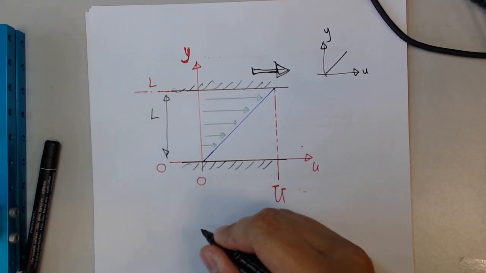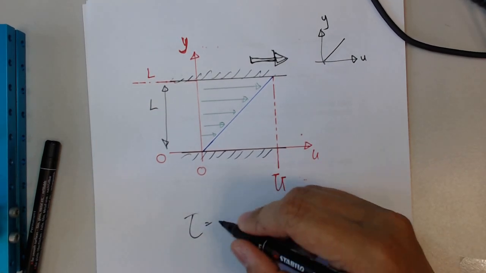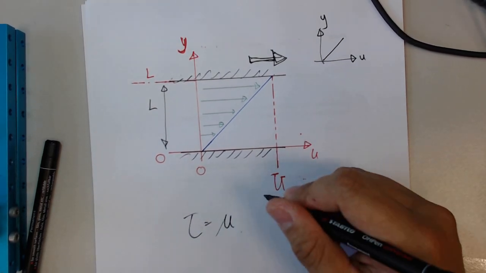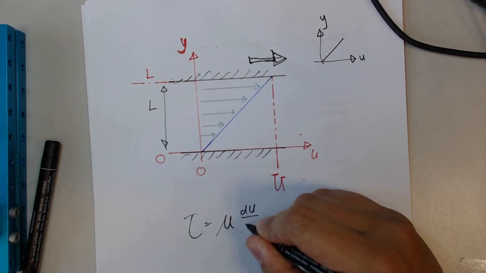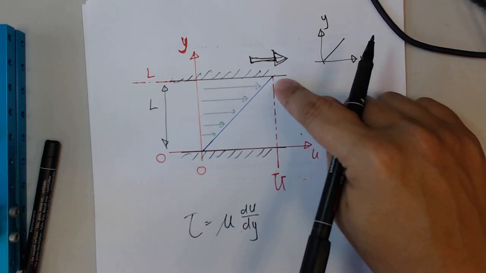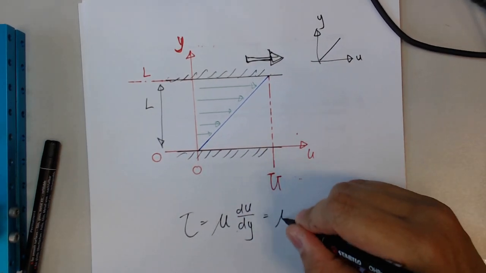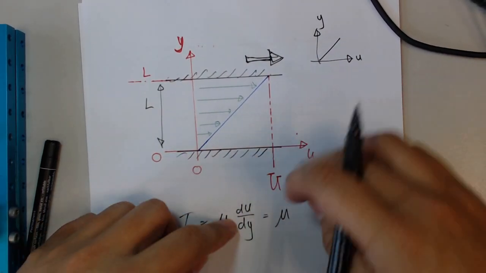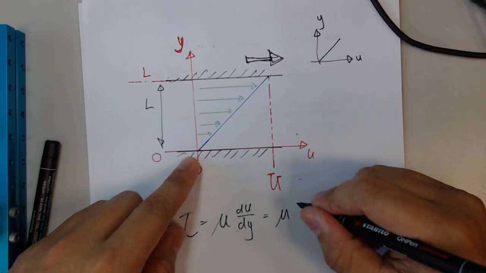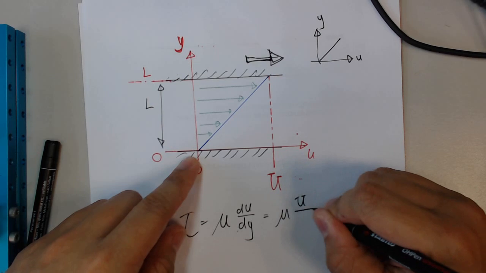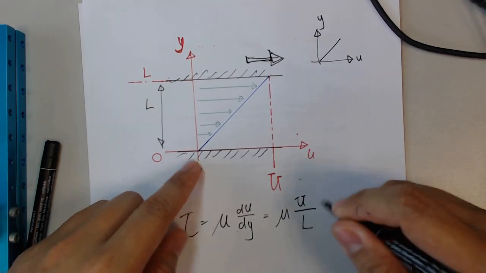What we say about shear stress, which is tau, is that it is equal to the dynamic viscosity of that fluid multiplied by the gradient of the blue line. The gradient is the change in velocity over the change in height. The change in velocity is from 0 to capital U, so it is U. The change in height is from 0 to L. So it is U over L.